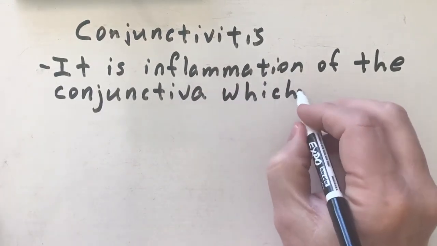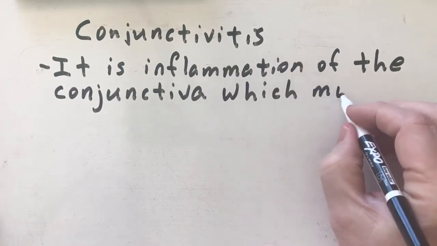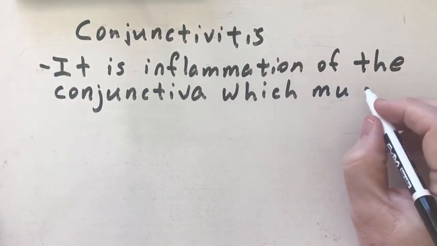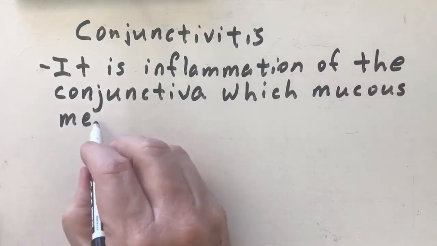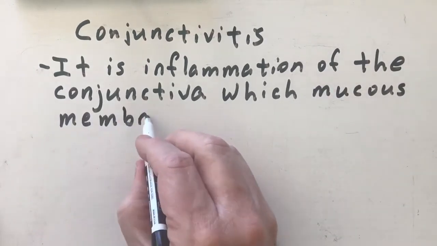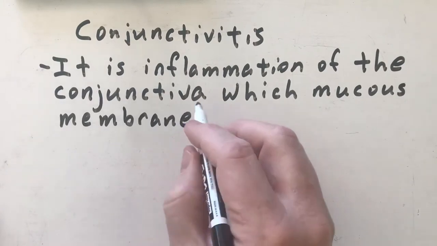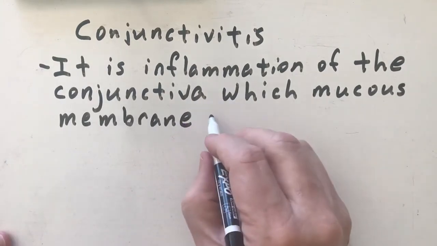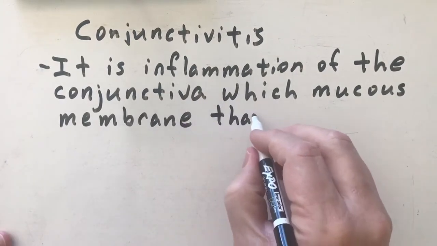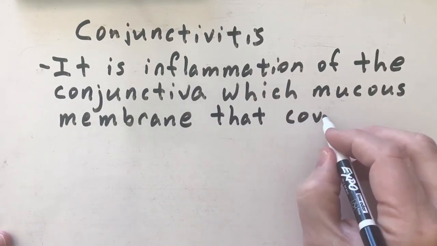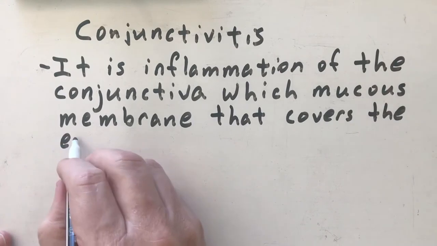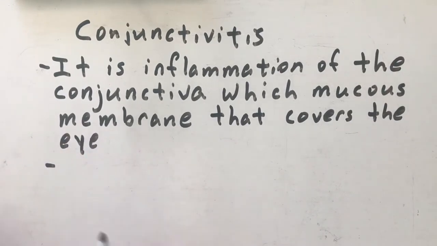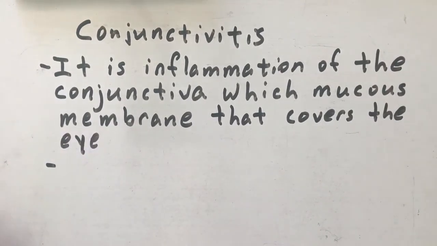So it's just a membrane that's designed to protect your eyes. It contains mucus in it. Okay, so you just get inflammation. Like I said, there's always blood vessels there.